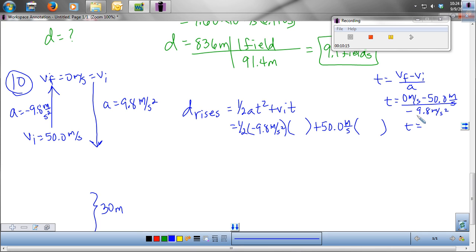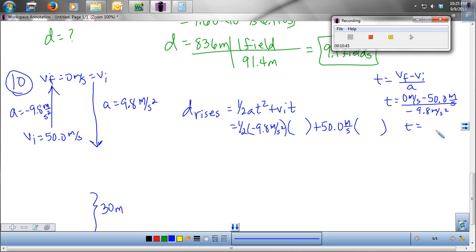Hang on, let me find my time somewhere. Doesn't look like I solved for the time. Looks like I took a different approach. So I'm going to pause and see if I can find the time, and then I'll come back.